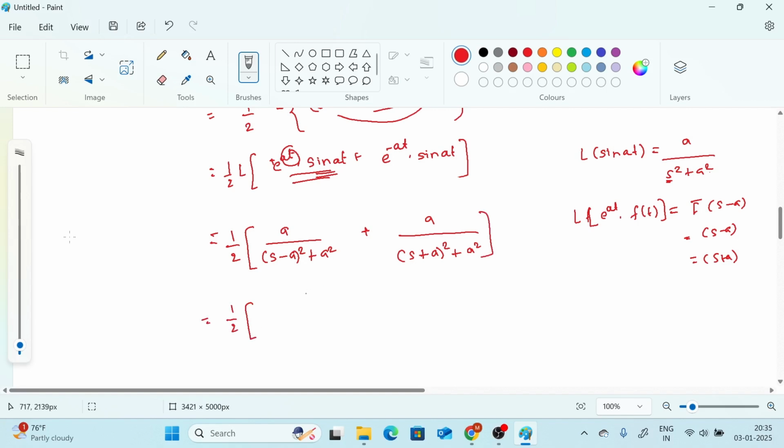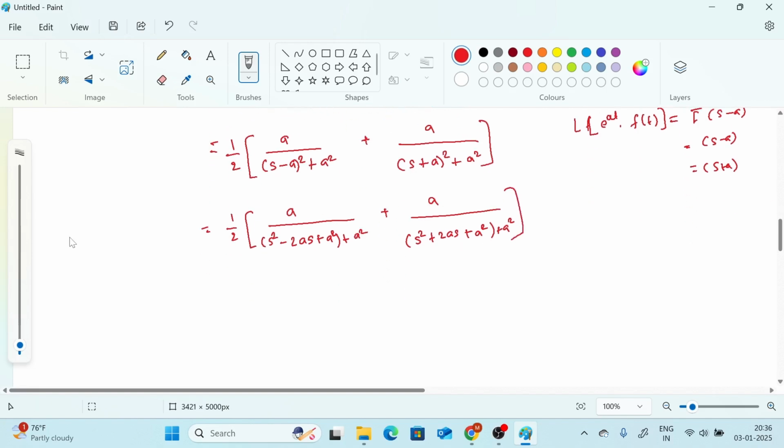I will simplify it further. a upon s square minus 2as plus a square plus a square, right? Plus a upon s square plus 2as plus a square plus a square, right?